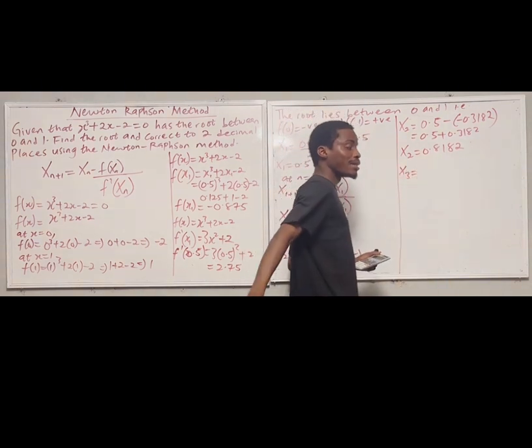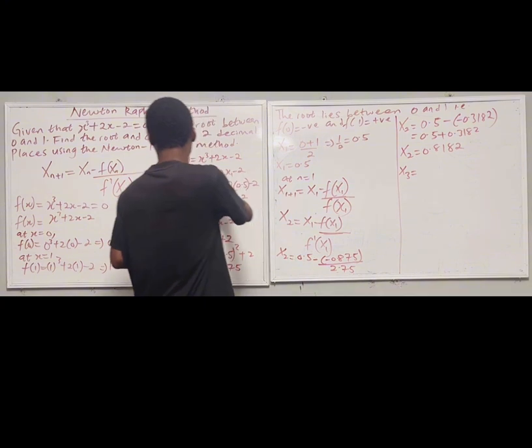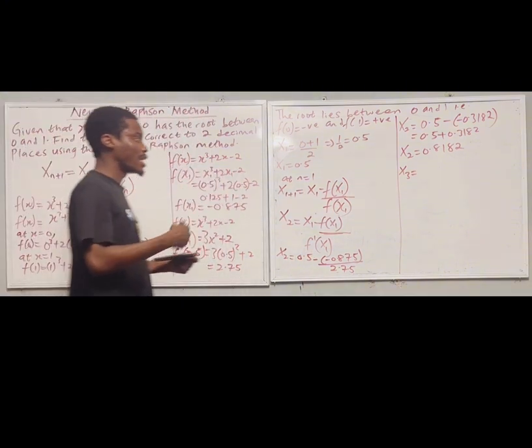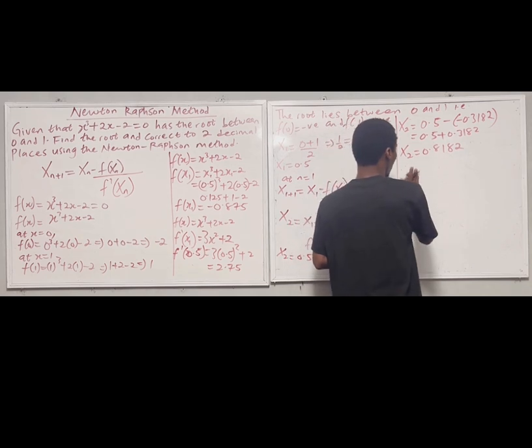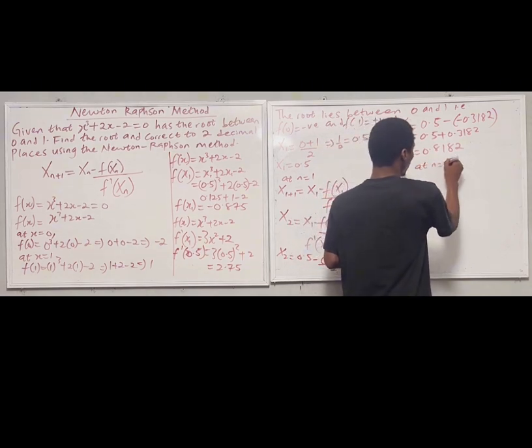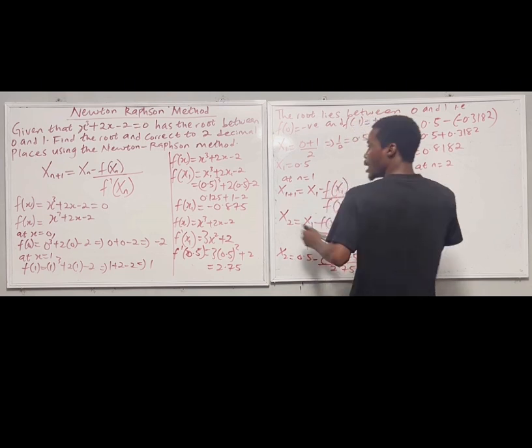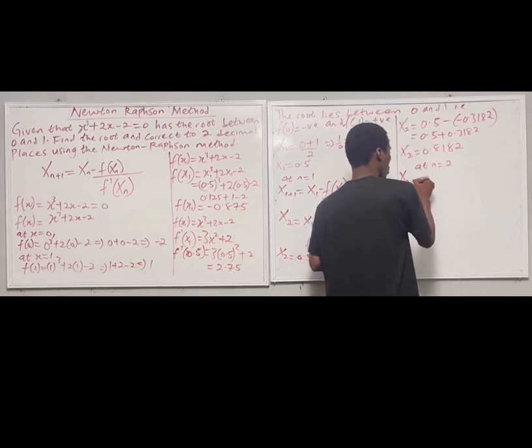So for me to get my S3, I'm going to consider this formula. At n equal to 2, I will get my S3, that is S(n+1), n is 2, 2 plus 1.